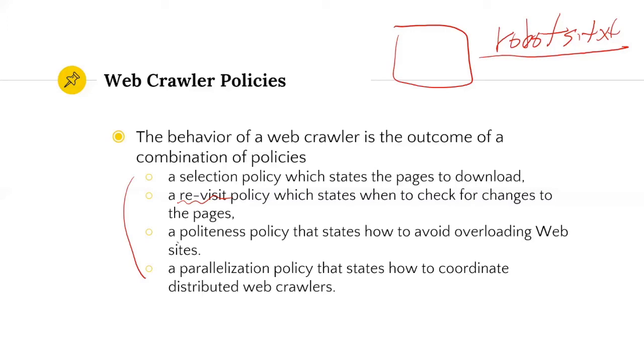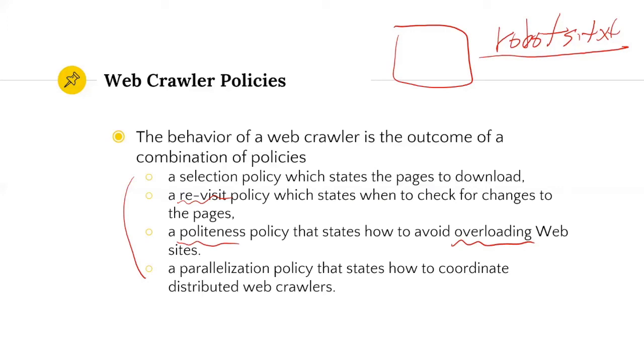The third policy is a politeness policy, which is basically saying, hey, be nice. Usually the concern is overload. A robot is an automated script, so technically you can access a web page 1,000 times per second.